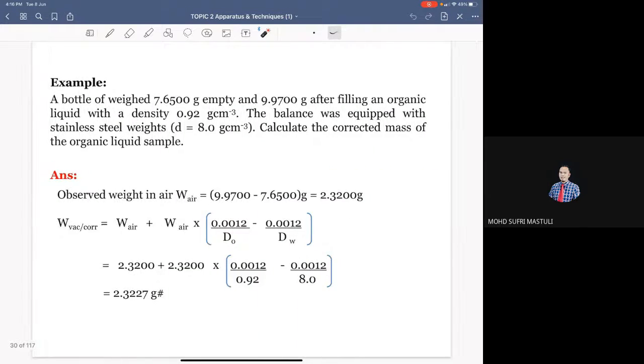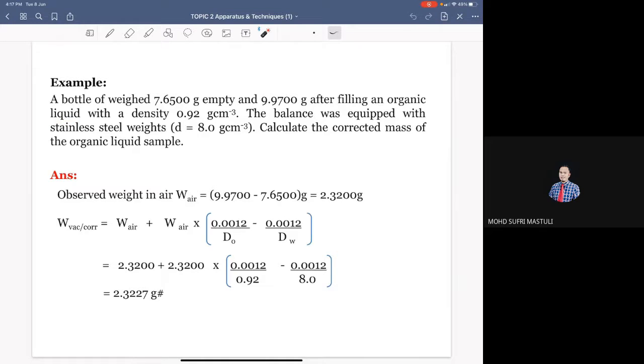So this is one example related to correction of the buoyancy error that uses the formula mentioned on the previous slide. In this example, a bottle weighs 7.65 gram empty, and it increased to 9.97 gram after filling with an organic liquid, which is the sample.